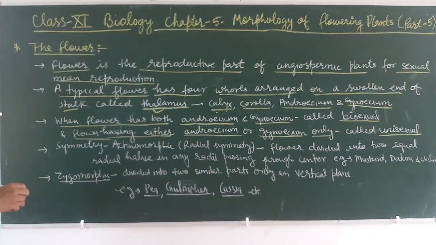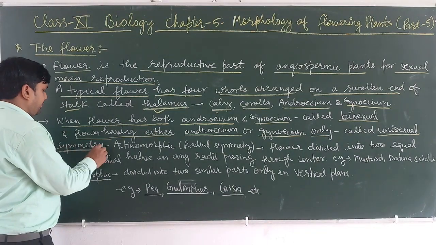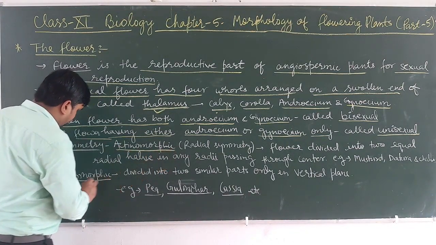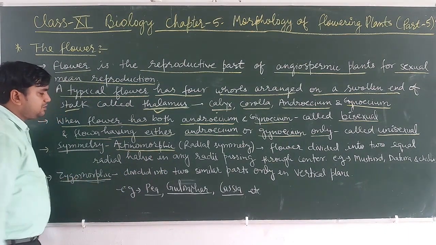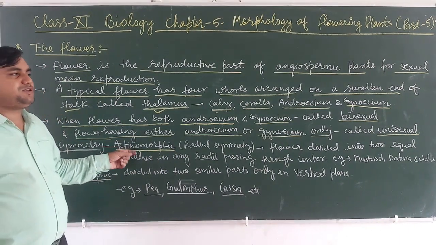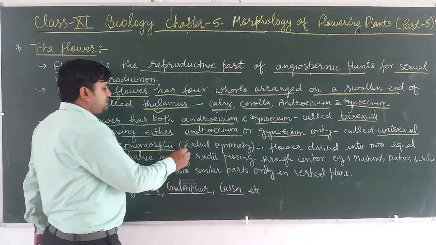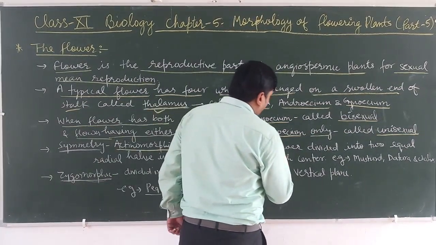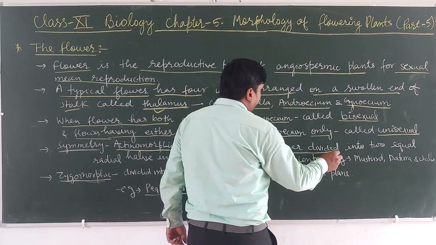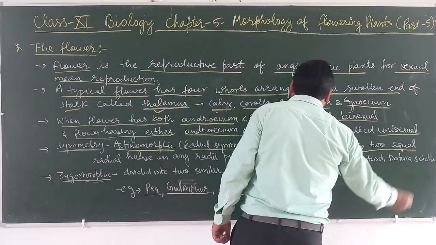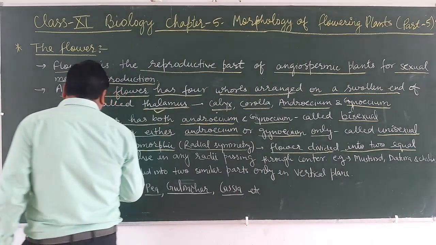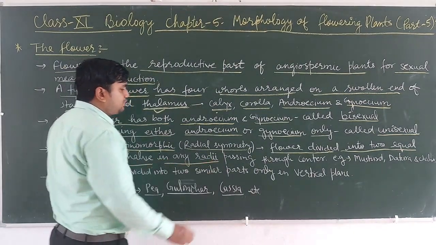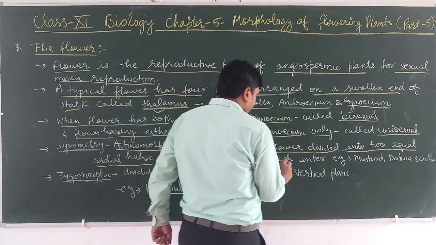Another property is symmetry. There are two types of symmetry: actinomorphic and zygomorphic. Actinomorphic symmetry is also called radial symmetry; the flower can be divided into two equal radial halves by any radius passing through the center.